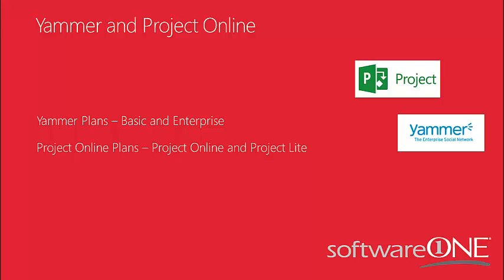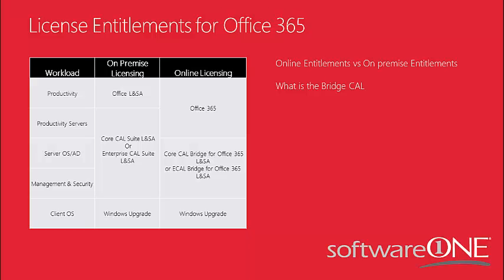They also have the enterprise features, and that allows you to have an administrator of your environment. This license entitlement document I wanted to put up here because it shows that when you move, let's say, from your perpetual licensing of Office to the cloud, there's some maneuvering that you have to do license-wise to prevent you from double buying features.